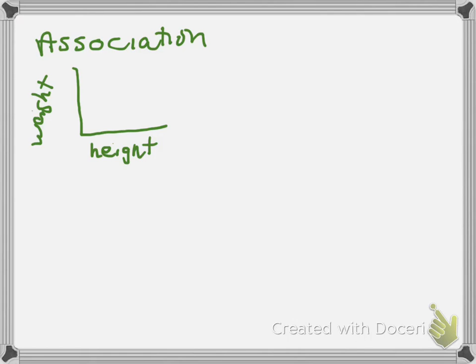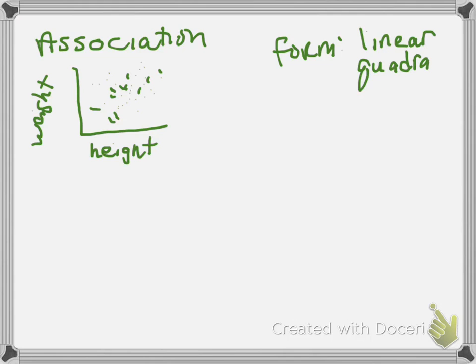So let's say I got your height and your weight, and I just have a bunch of dots. I'm putting more dots on here. I don't know if you can see those little dots. So anyway, I just did a whole bunch of dots. All right? And so what do you notice here about the association? When I ask for the association, I want form, which is either going to be linear, quadratic, or it could be a sine wave, okay? Your parent functions.